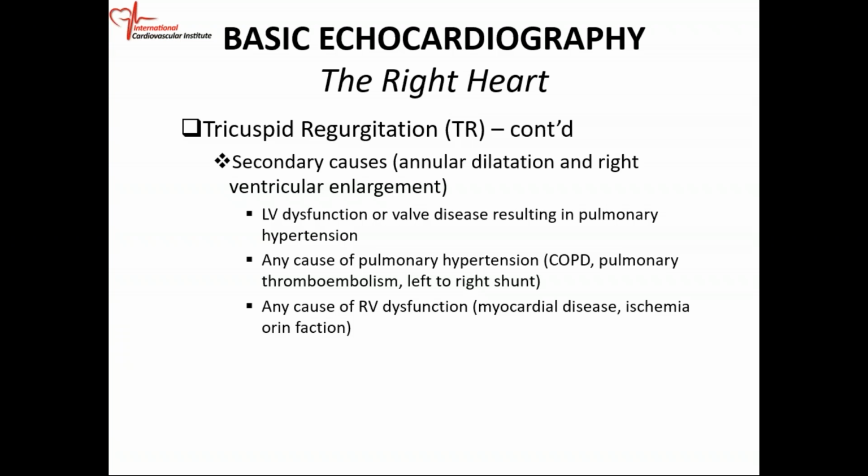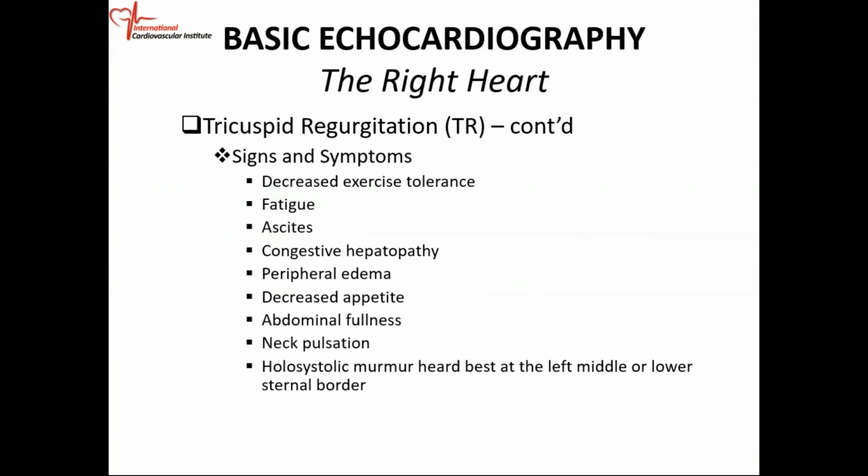Things like COPD, pulmonary thromboembolism, left to right shunt, anything that causes pulmonary hypertension. And any cause of RV dysfunction as well can cause some degree of tricuspid regurgitation. So these are secondary causes. Primary causes, we talk about the valve itself, and secondary causes are other things.